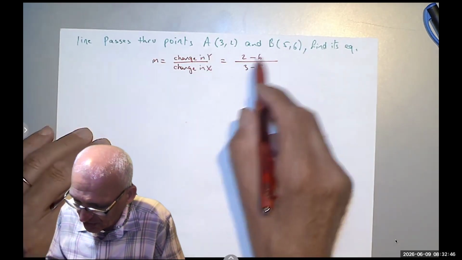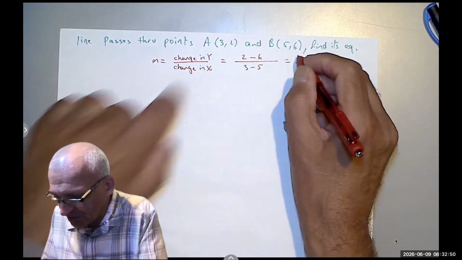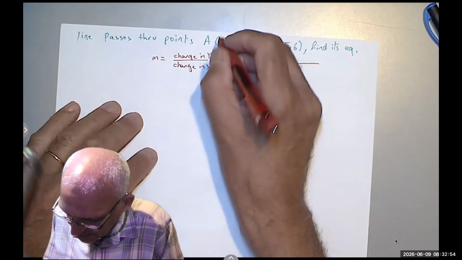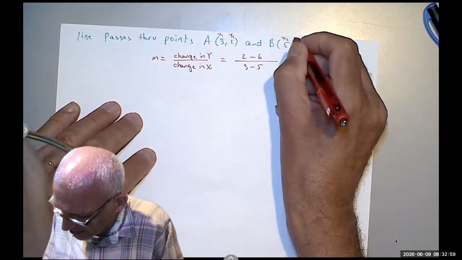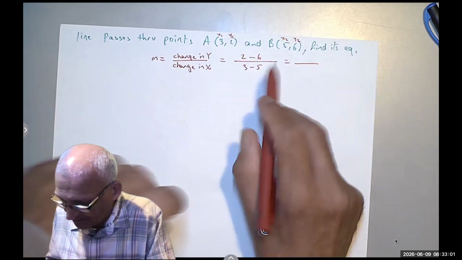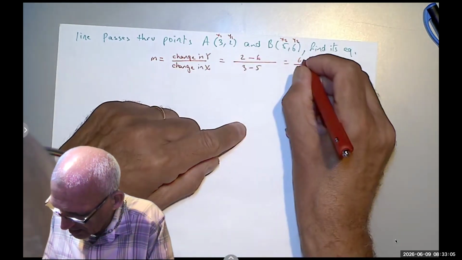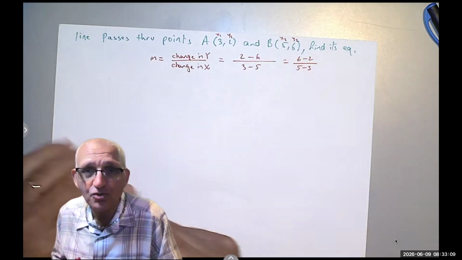Which is the same as saying it's going from 2 to 6, so y2, if I call this point x1, y1, and this is x2, y2, we can say it's y2 minus y1 over x2 minus x1. That's what you learn in school.